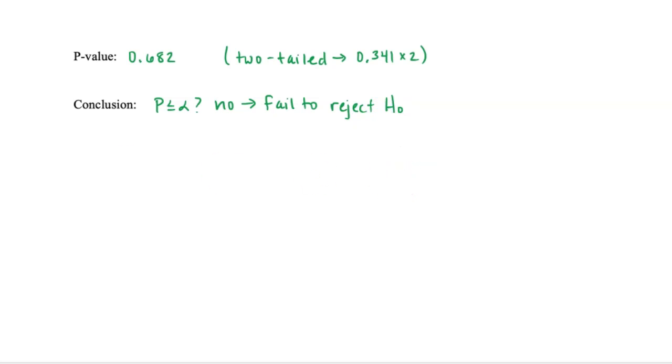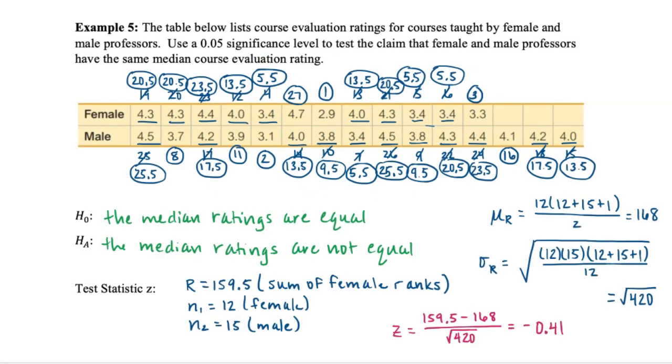And let's see what this means in terms of our original problem. Well, we wanted to test the claim that the female and male professors have the same median course evaluation rating. And so our claim was the null hypothesis.